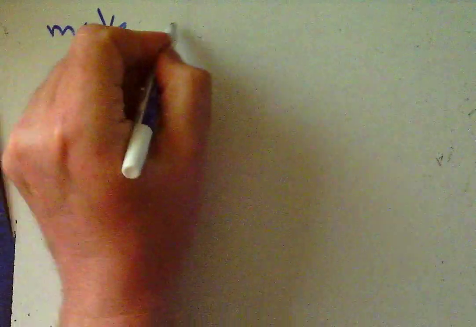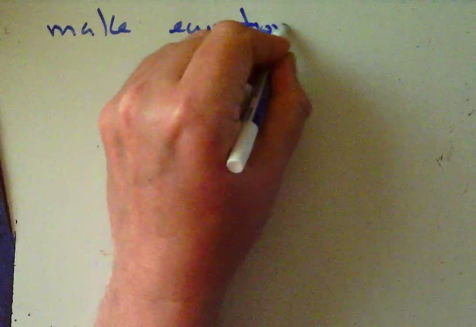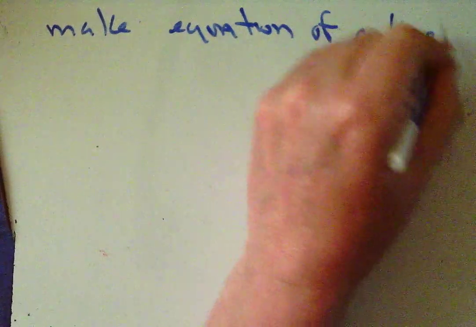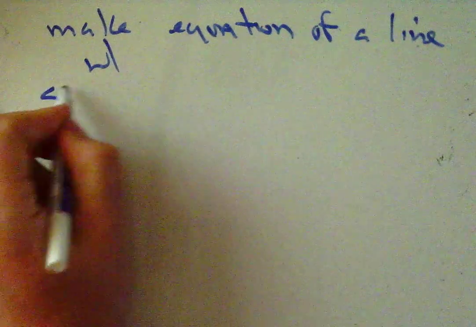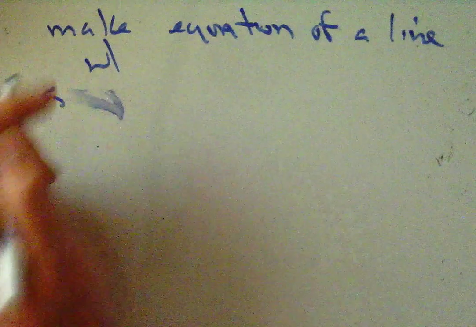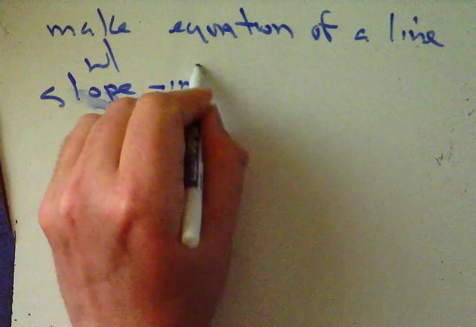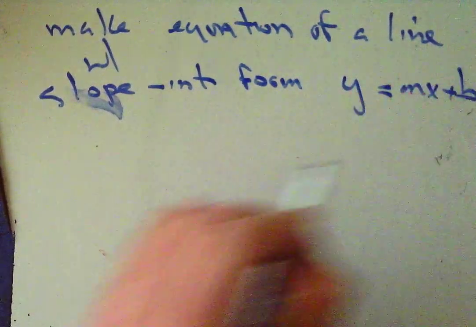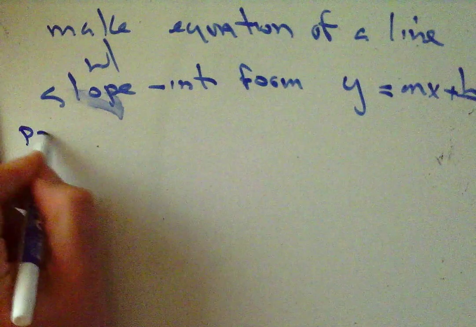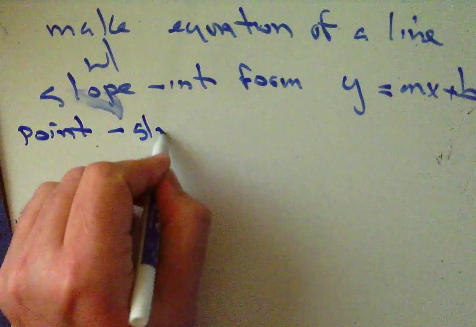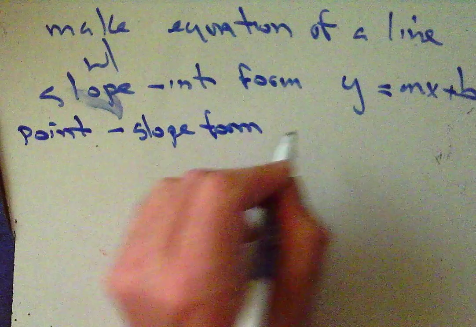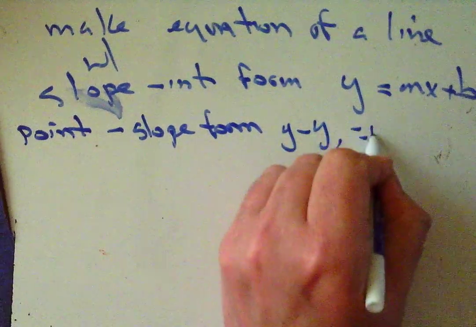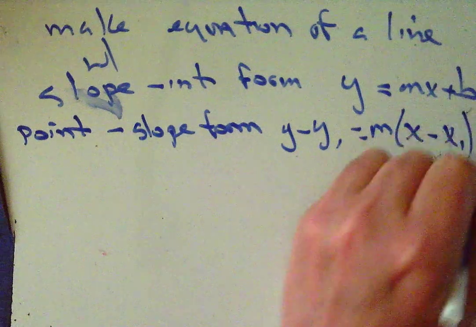We've got two ways to make the equation of a line: slope-intercept form, y equals mx plus b, or point-slope form, that's y minus y sub 1 equals m times x minus x sub 1.